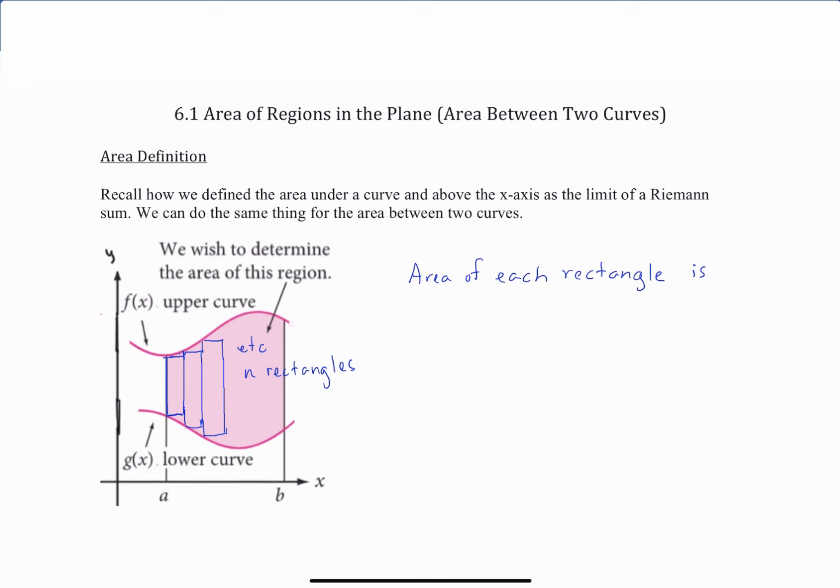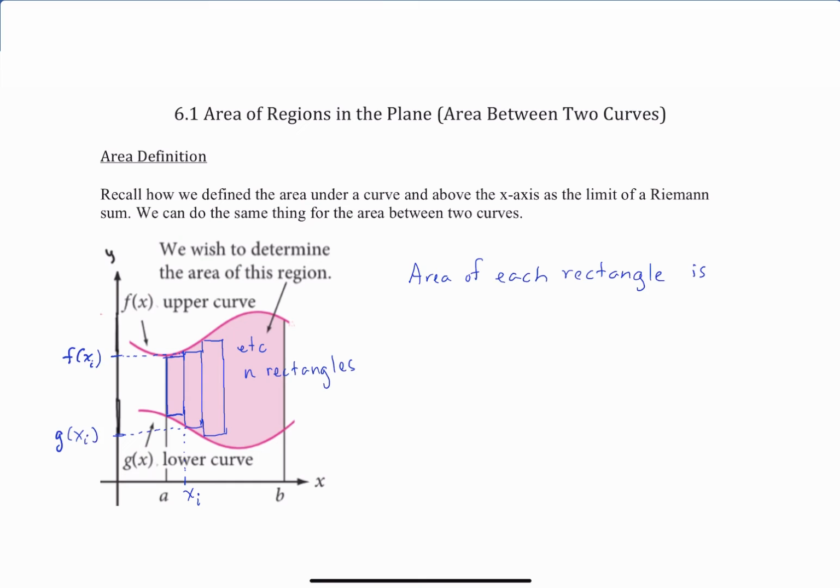The x-coordinate down here then would be x sub i. What's the height of that rectangle? Well, it goes up to the top curve, and the y-coordinate or height of the top curve there is f of x sub i. The bottom edge of the rectangle is at g of x sub i.